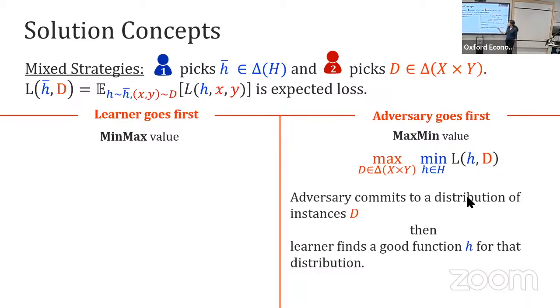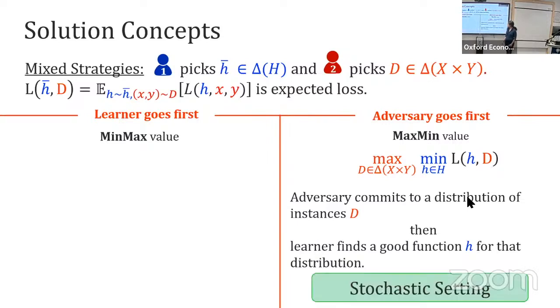So you should think about it as the adversary committing to a hard distribution. That's the max. And then after the adversary has done that and it's been fixed, the learner goes and finds a good function for that distribution. This is close to what we were talking about in the stochastic case, especially the worst case of stochastic, where a bad distribution is chosen and then the learner has to figure it out.